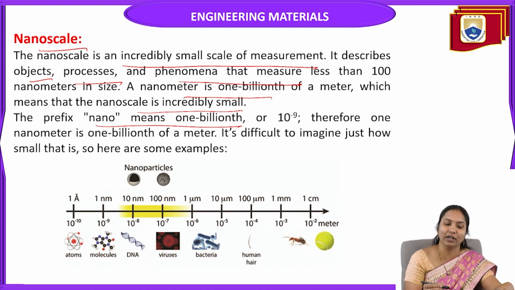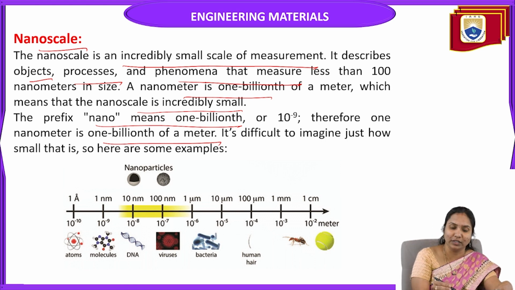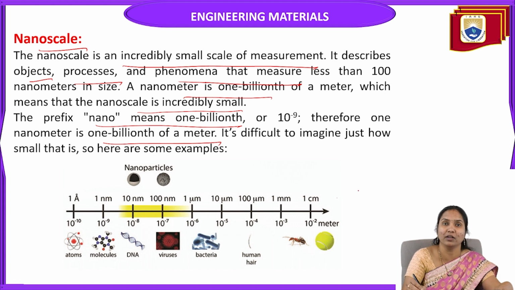So 1 nanometer is one billionth of a meter. It is very difficult to imagine just how small that is. We can't see it with our eyes. Nanomaterials are very small and play an important role in science, engineering and medical fields also. Here are some examples on the nanoscale.